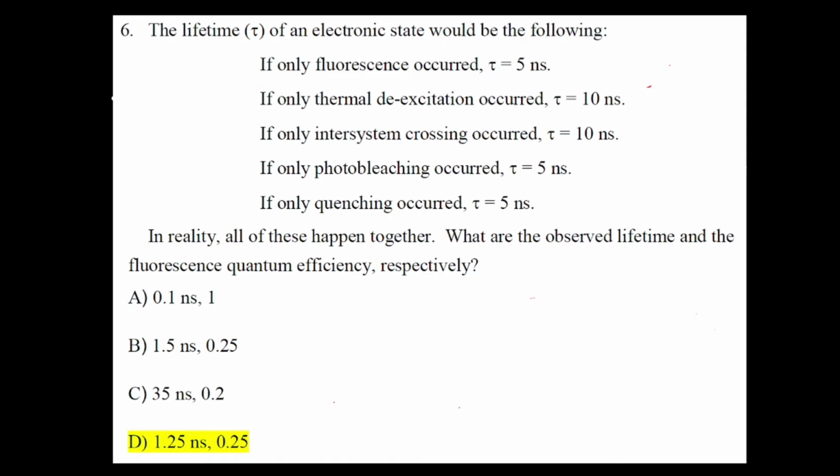So let's understand the basics of this question first, then we'll solve it. We have been given the lifetime of different processes, but in reality all of these happen together. Let's take the example of fluorescence, because we have to figure out the fluorescence itself.